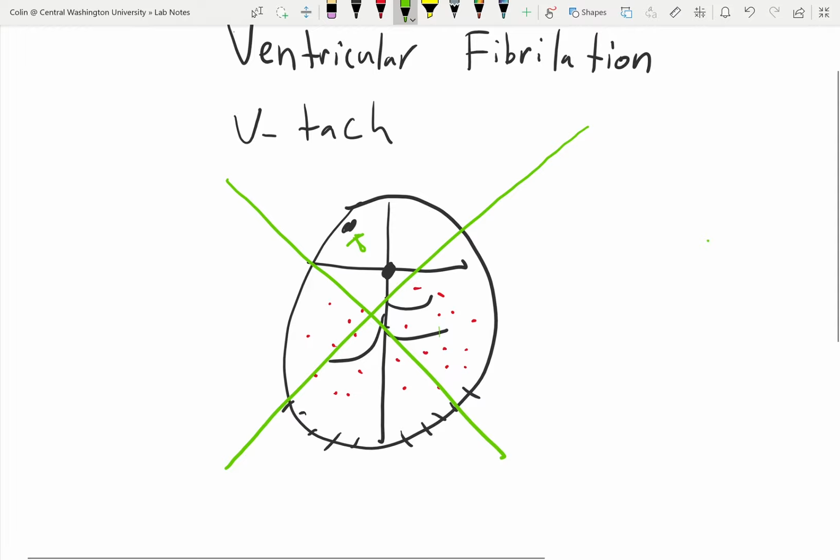It makes the heart beat once. And then the idea is there's a period of quiet. And what we're waiting for is the SA node to pick back up and say beat.